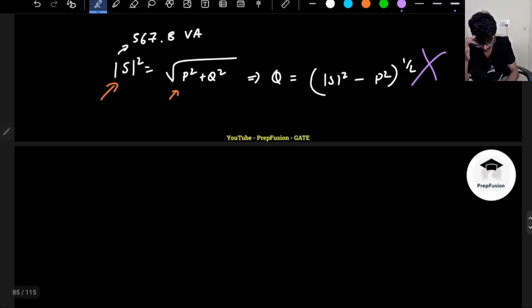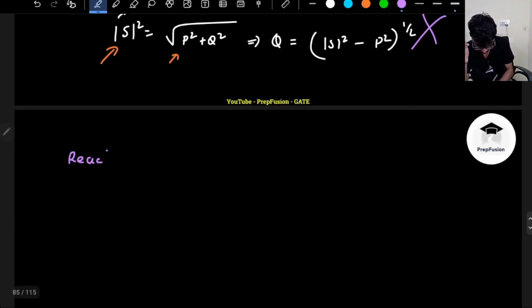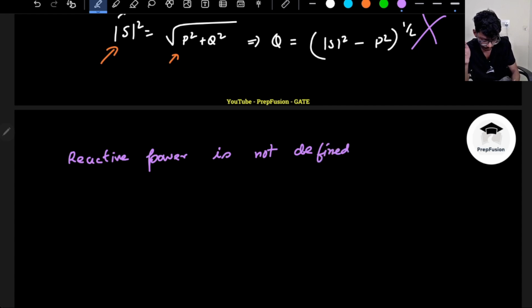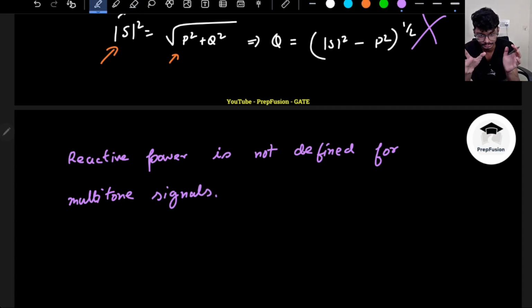Because reactive power is not defined for multi-tone signals. It is not defined.